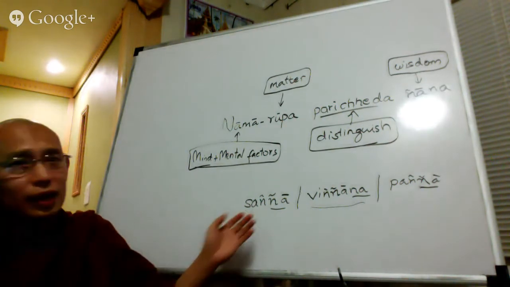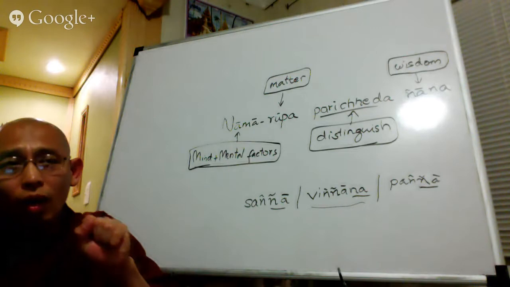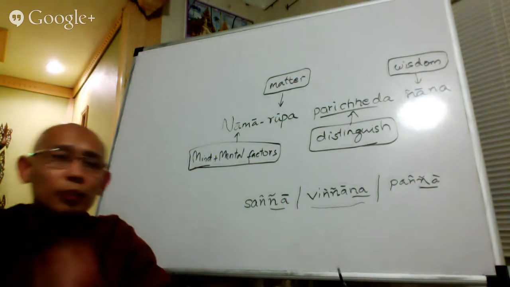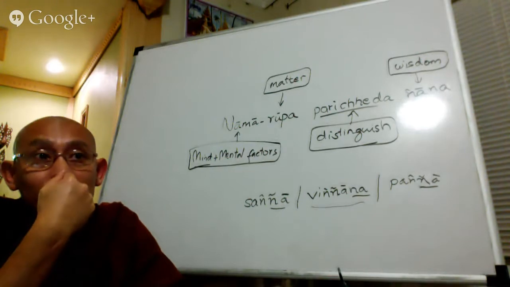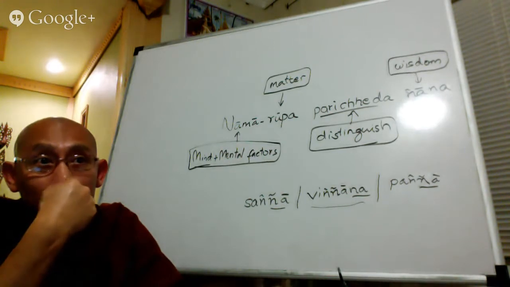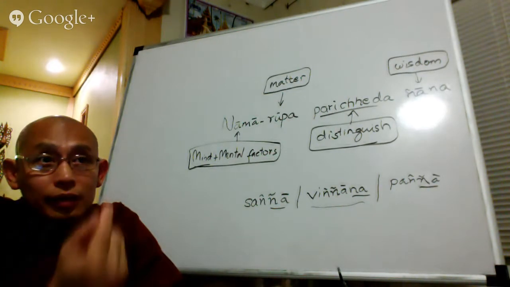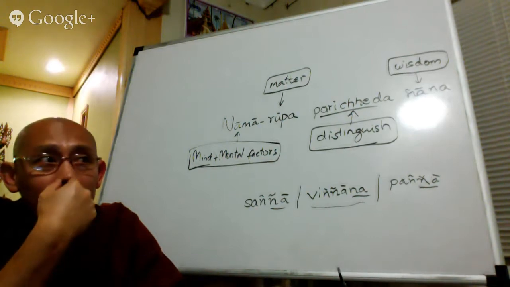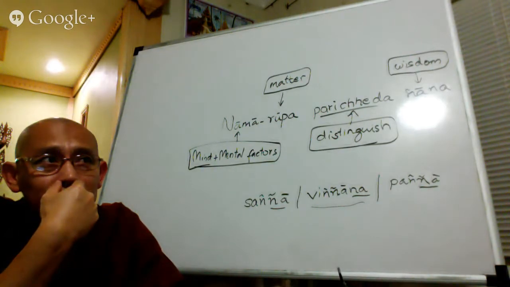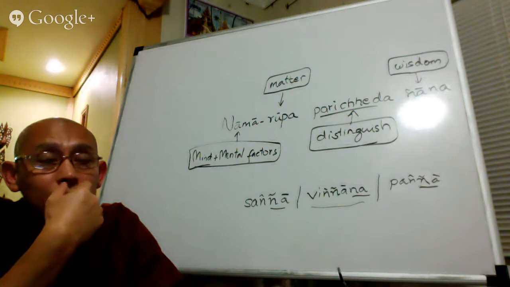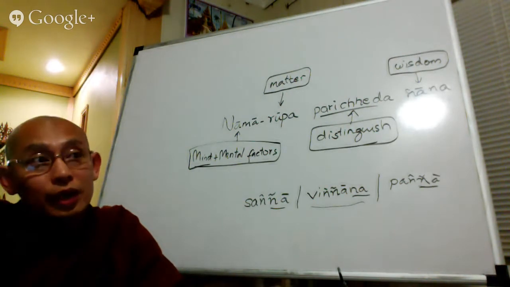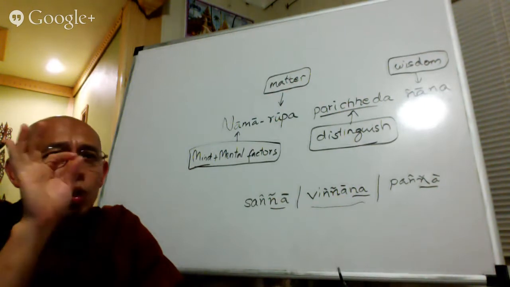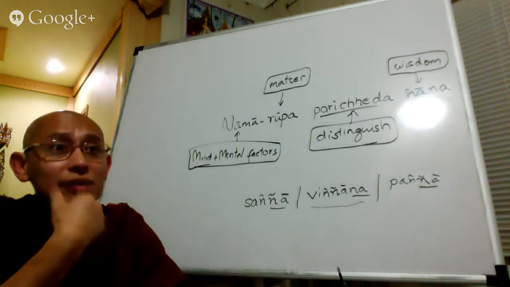But sanya perceives how the breathing air touches. Sometimes we experience it as very rough, sometimes very soft, and sometimes the air is cool, we feel it.